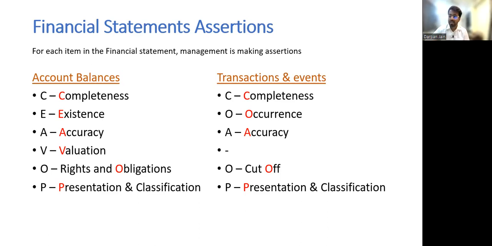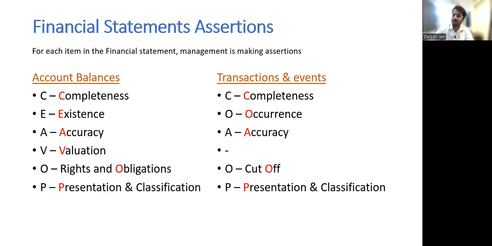Similarly, liabilities, when can they show a liability? They can show a liability as their liability when they have an obligation for that. When they have a present obligation, then only they can show that as a liability, right? If they don't have an obligation, they will not be showing that as their liability.